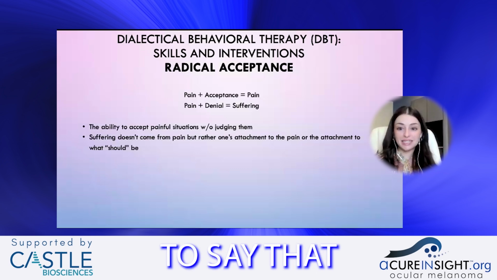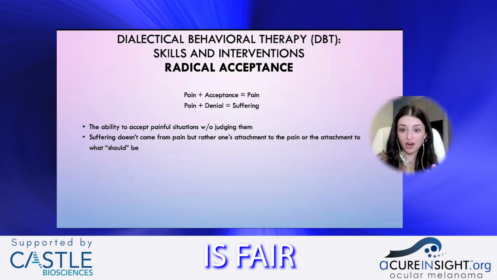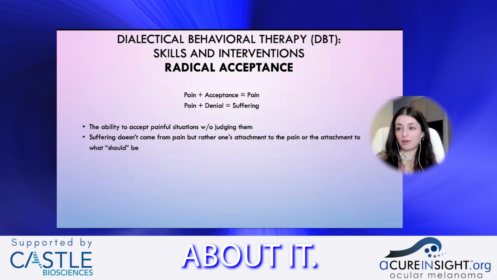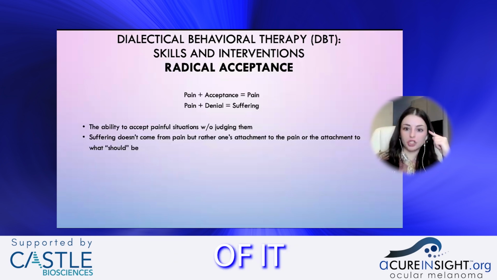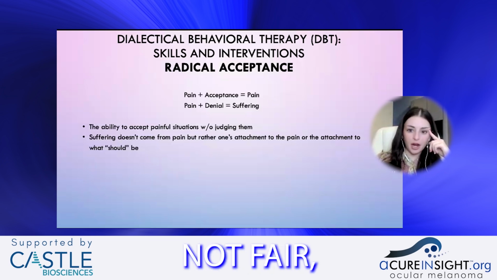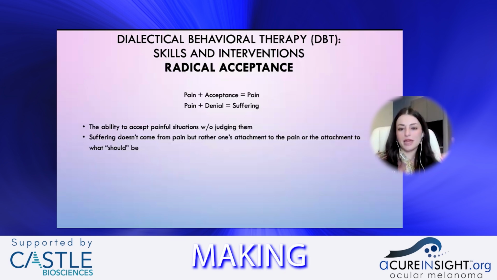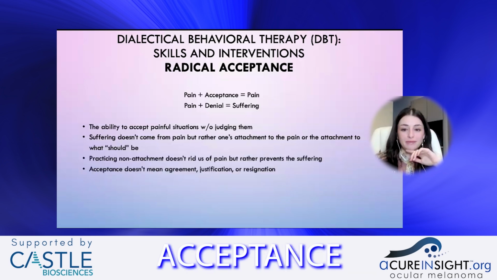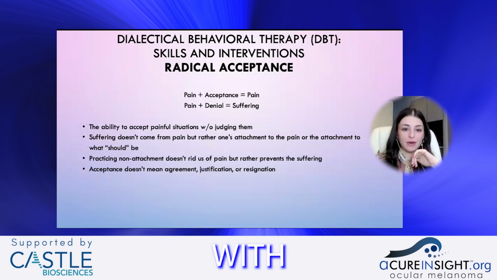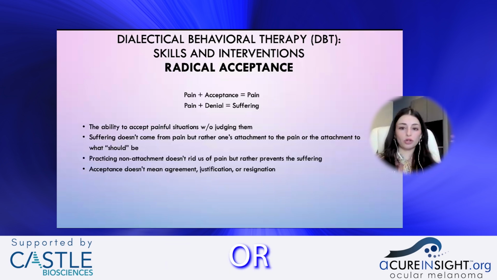And again, that's not to say that cancer is fair or okay, or that we should be happy about it, not at all. But when we get lost in those thoughts of it shouldn't be this way, it's not fair, it ends up making us feel that much worse. And so acceptance, again, doesn't mean that you're agreeing with what's happening or resigning yourself to it or justifying it.